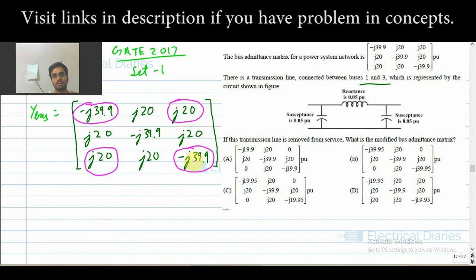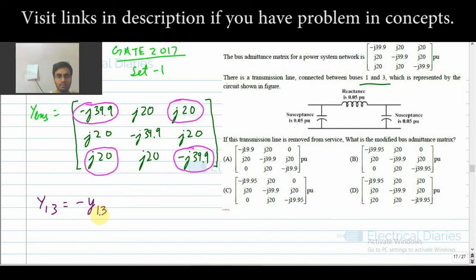So these 4 terms will be affected due to the removal of this line. Now let us see Y13. Y13 is minus times the admittance between 1 and 3.